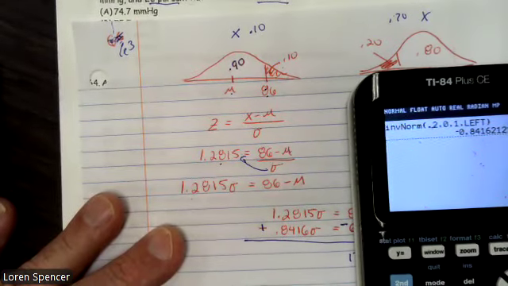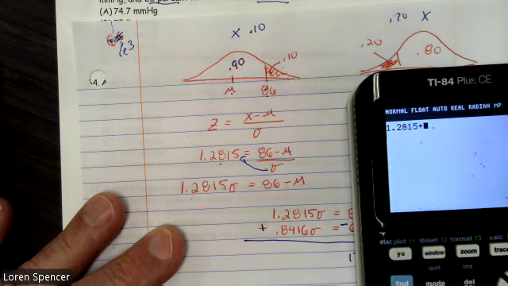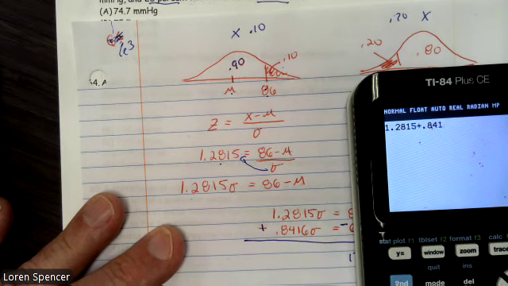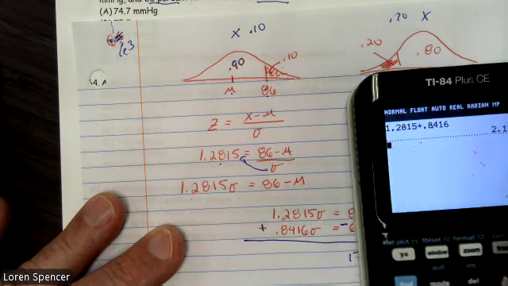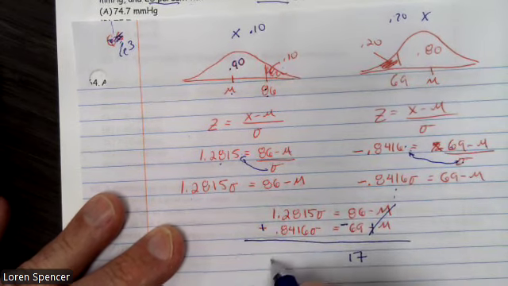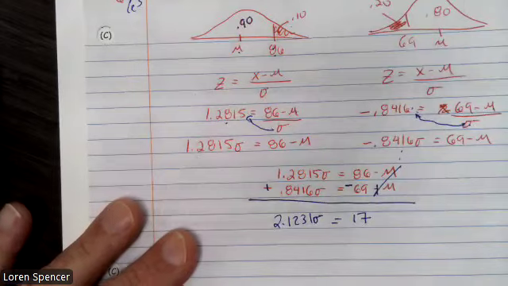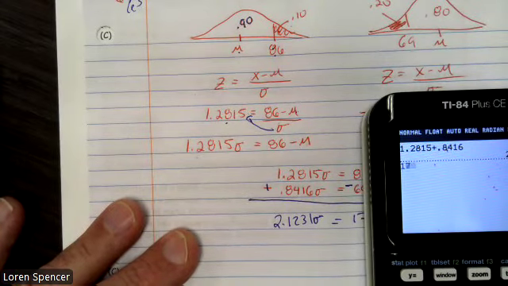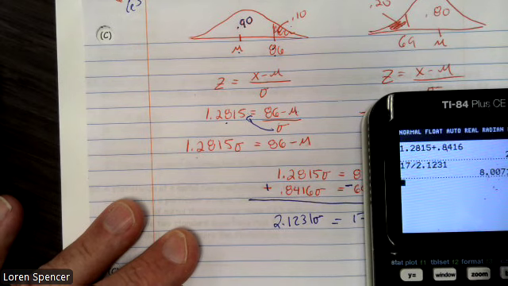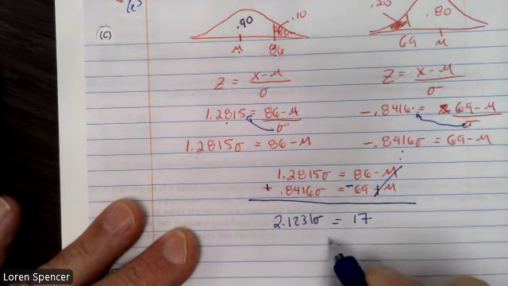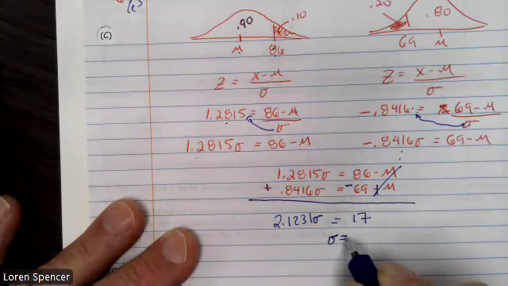And we have 1.2815 plus 0.8416, and we get 2.1231. 2.1231 standard deviations equals 17. Well, I'm going to take that 17 and divide it by the 2.1231. And I end up finding out, hey, my standard deviation is 8.0071.